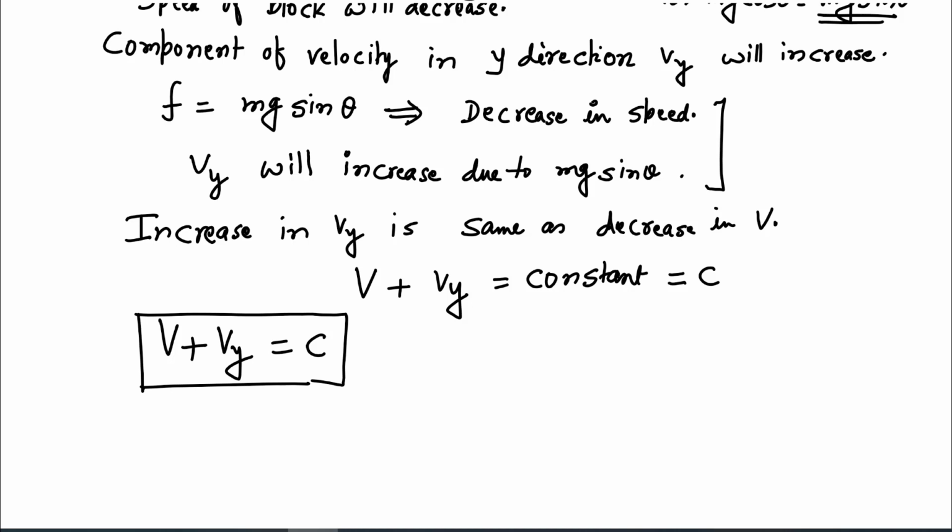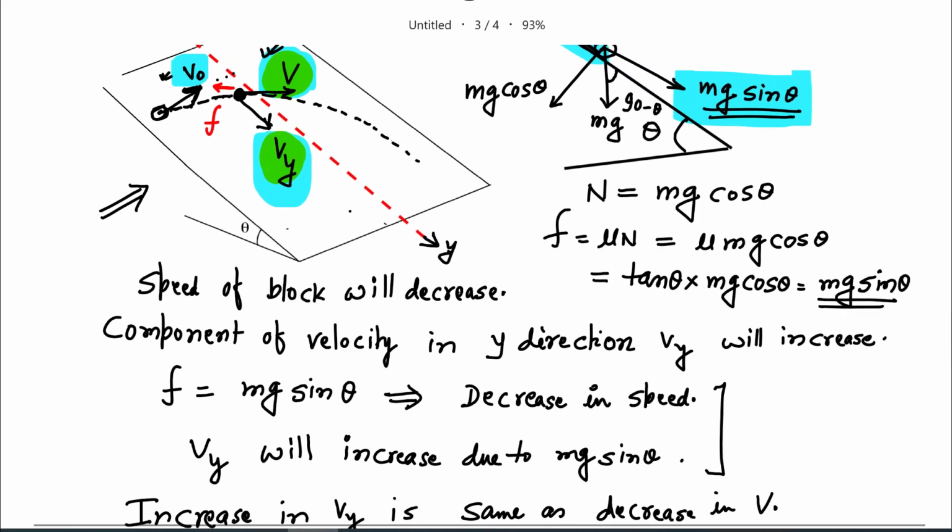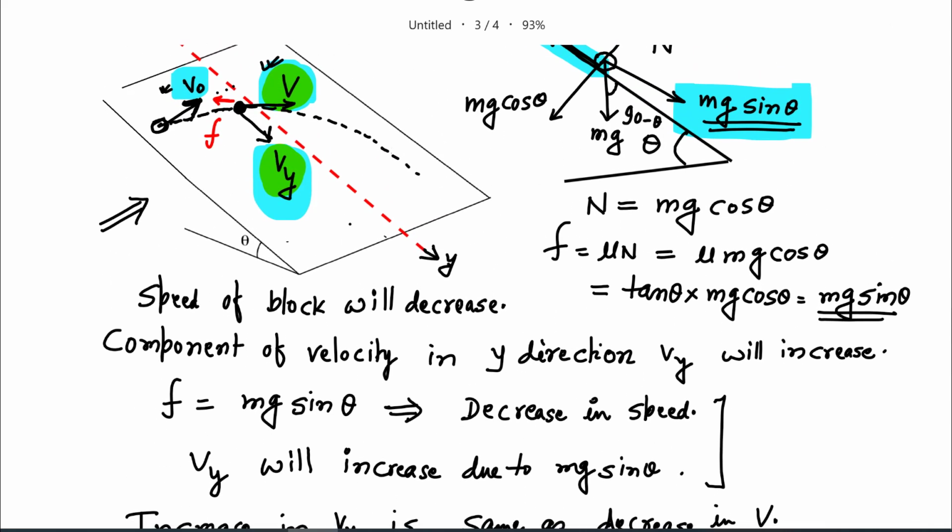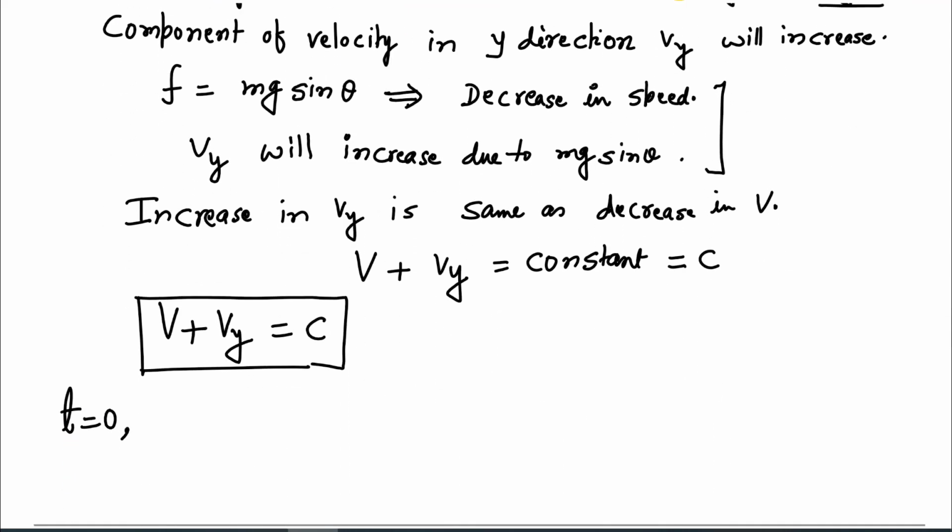Now how can we find c? Initially at t equals 0, we have only one velocity, and that is v naught. There is no velocity in the y direction. So initially v is equal to v naught, and v_y is equal to 0.